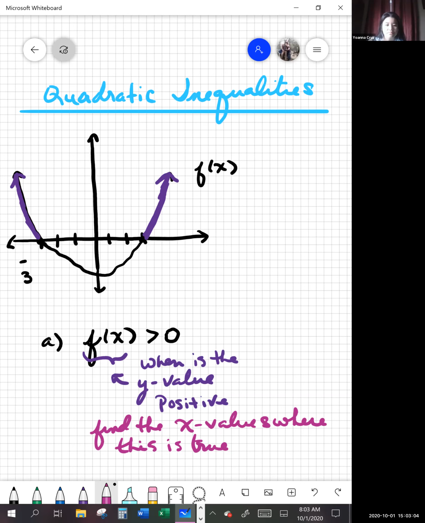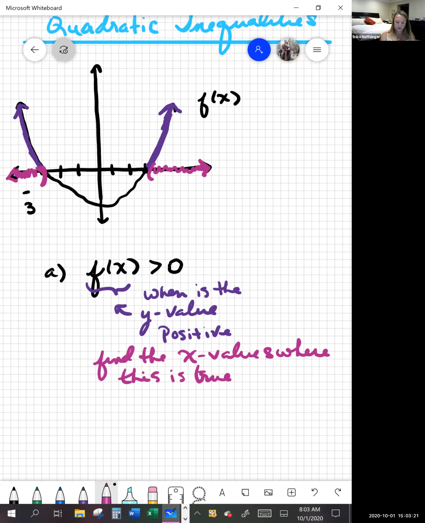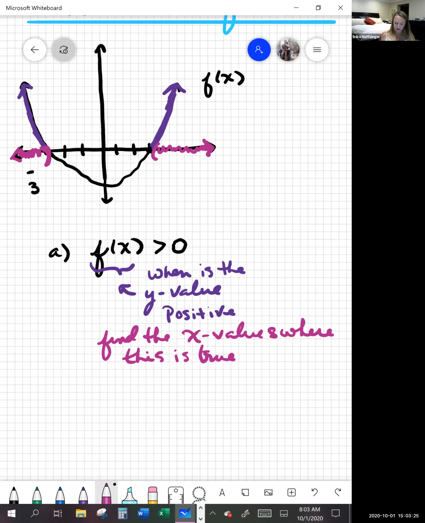So notice it's the x values from -3 going towards -infinity, and 3 going towards +infinity. We're not including those two points where it's intersecting the x-axis because of the greater than sign.